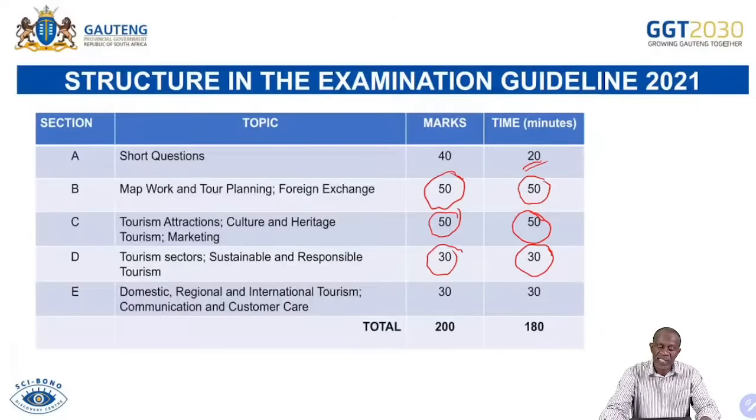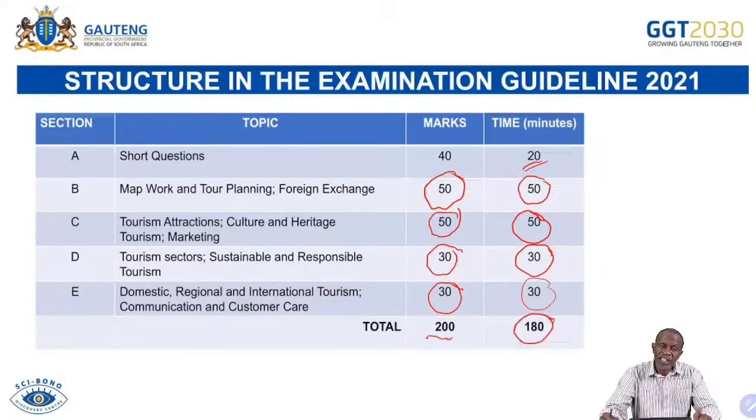These are the topics that are covered in section E. And the total mark for the section is 30 marks, and the minutes allocated is 30 minutes, just half an hour. The grand total of the paper is 200, and the number of minutes allocated for this paper is 180 minutes, which is 3 hours.